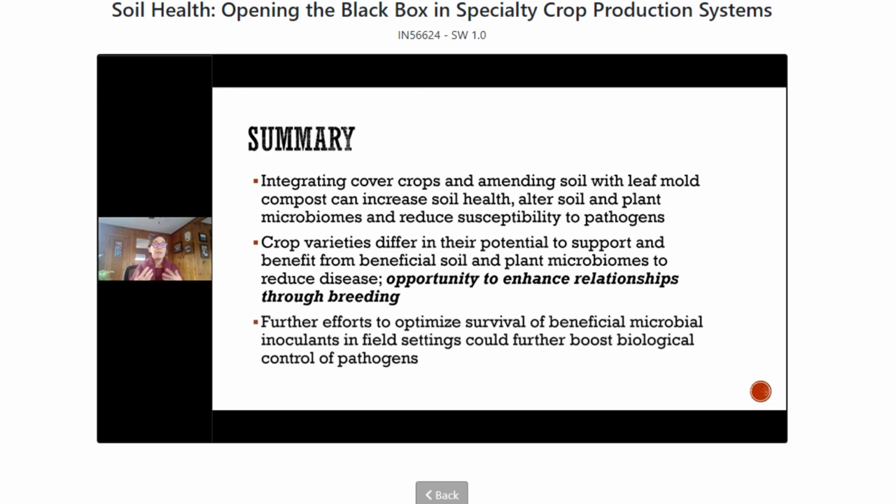And then lastly, we think further efforts to really understand what supports these beneficial microbes in the field that are coming with some of these products will provide yet another layer that farmers can use to ensure that their crops are healthy and to suppress pathogens.